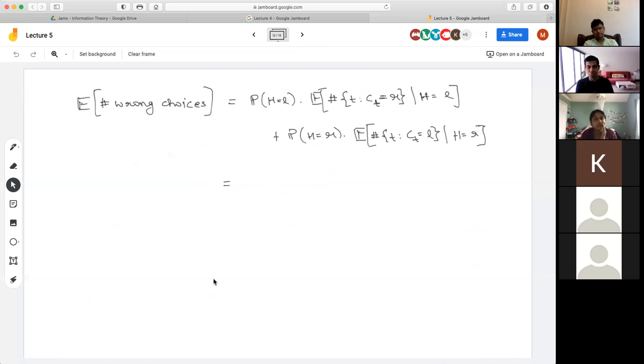Notice that these two probabilities need not be equal. It depends on what your strategy is, and your strategy could be anything. Maybe you always pick the left hand. Then the first term will be 0, and the second term is what I'll need to calculate.